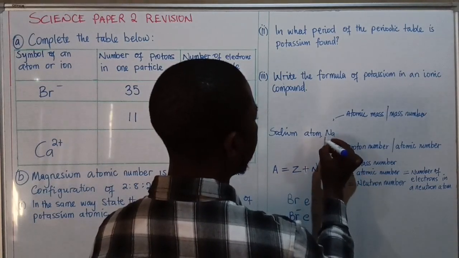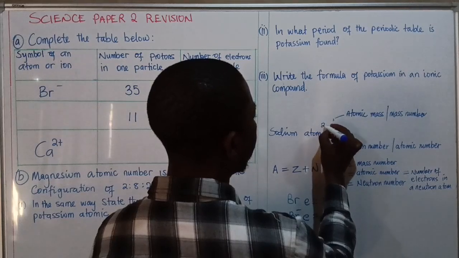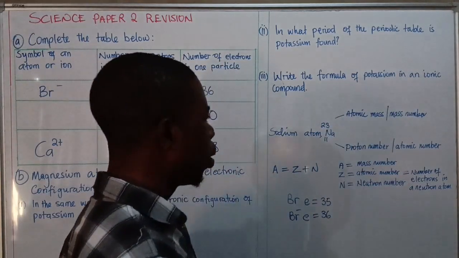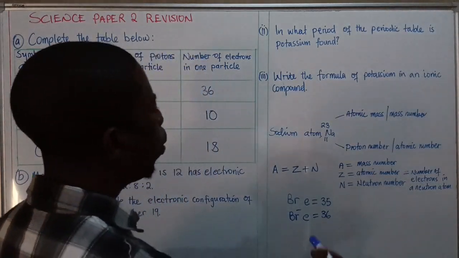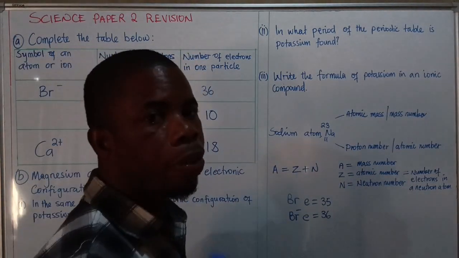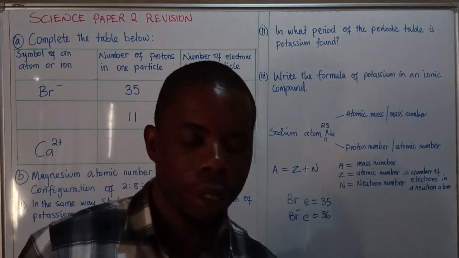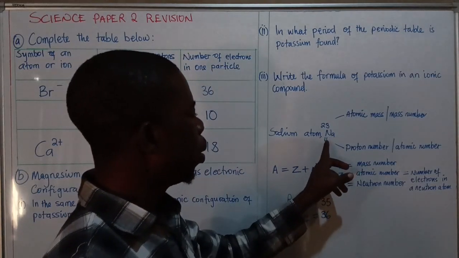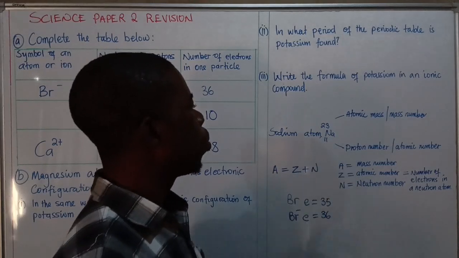Down here there's 11, then down here there's 23. You have seen that? If you check at home on your periodic table, you discover that 11 is for sodium.